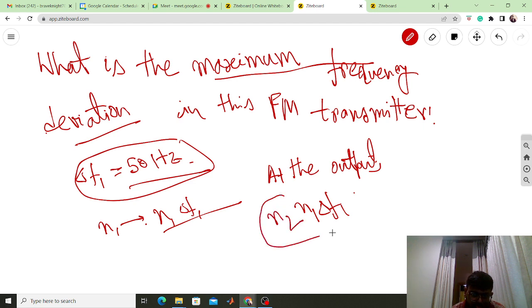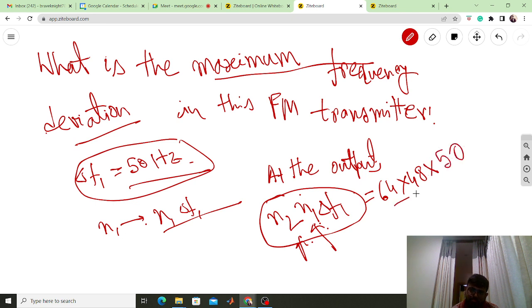It is for the first multiplier, this is for the second multiplier. So this is actually 64 and 48 into 50.